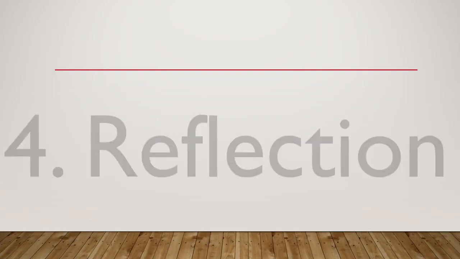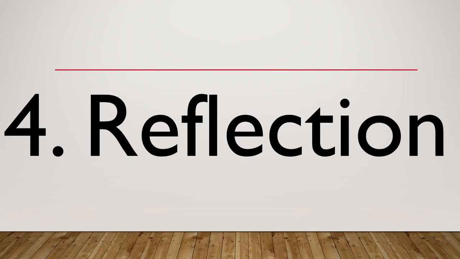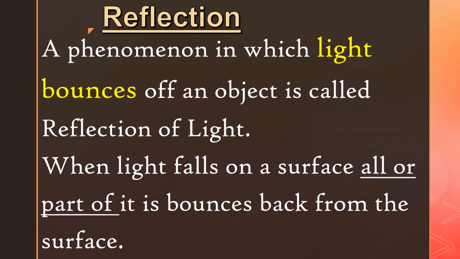And finally, the last topic is topic number 4, reflection. Let's start with knowing what is reflection. A phenomenon in which light bounces off an object is called reflection of light.